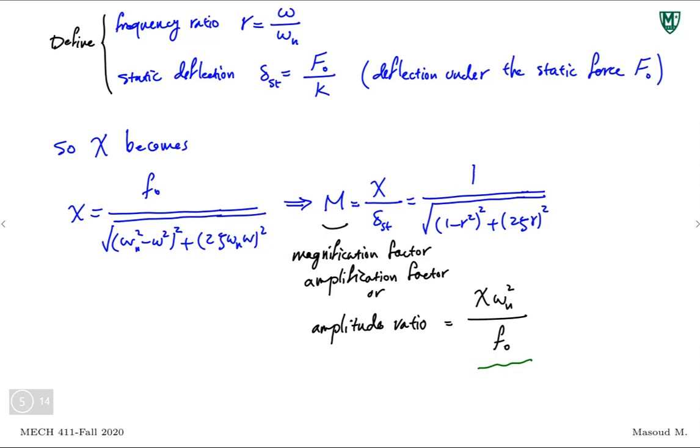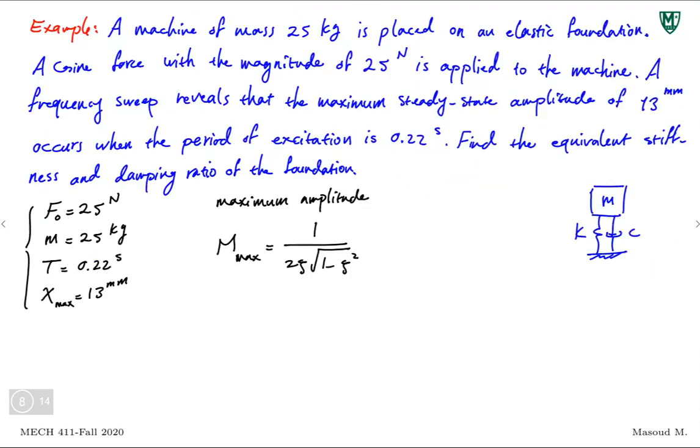So this means that X max omega n squared over F naught is equal to 1 over 2 zeta square root of 1 minus zeta squared, because M is the maximum, X is maximum.